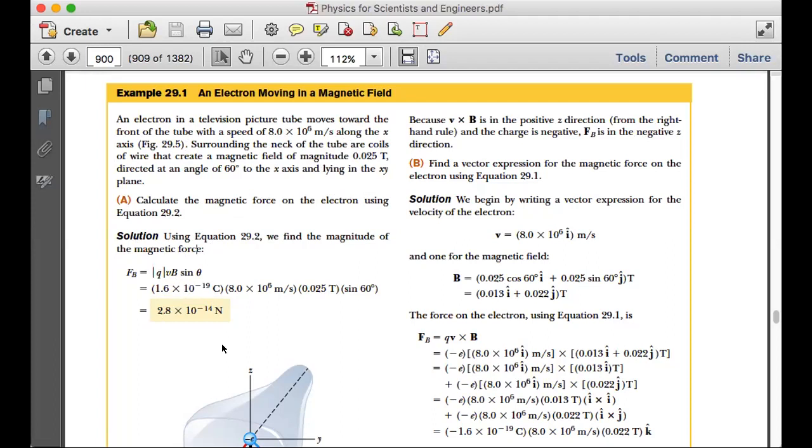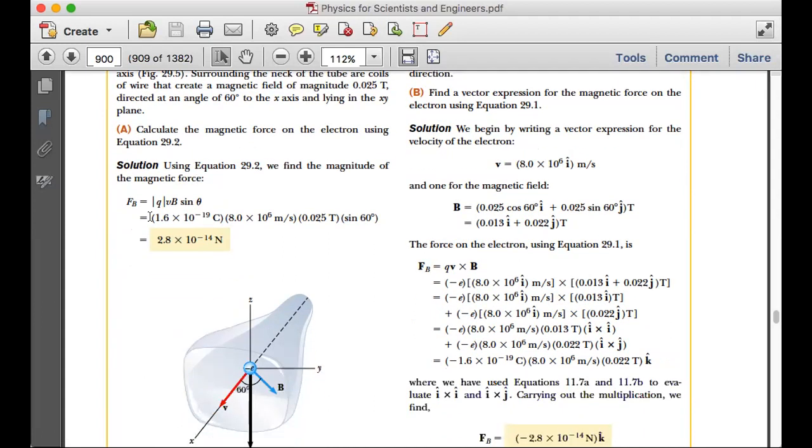So we have the magnitude of the force acting on the electron. Because this magnitude is positive, this is the magnitude of the force.